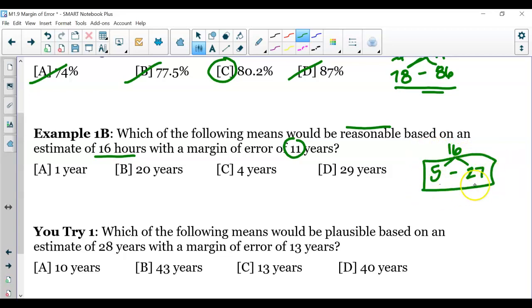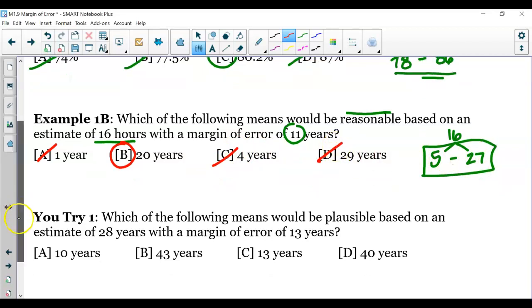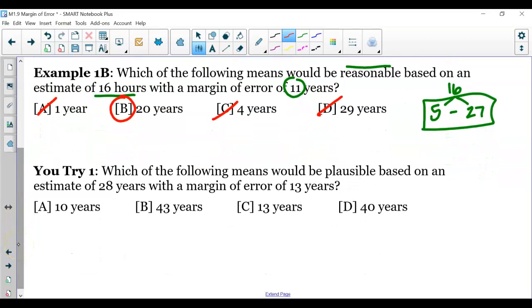So within this interval, which of these is reasonable? Well, 1 is too low, 20 is in between, so let's keep going. 4 is too low, 29 is above. So go ahead and pause the video and try the U-try on your own.